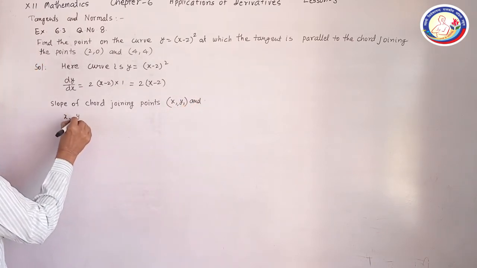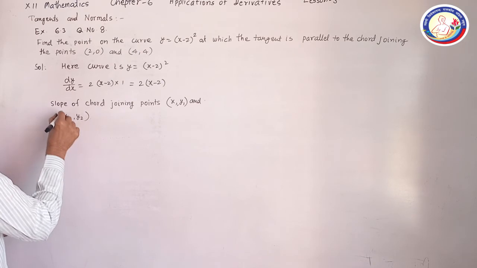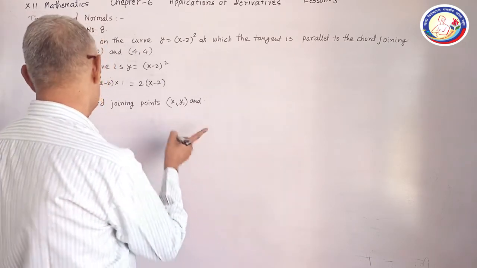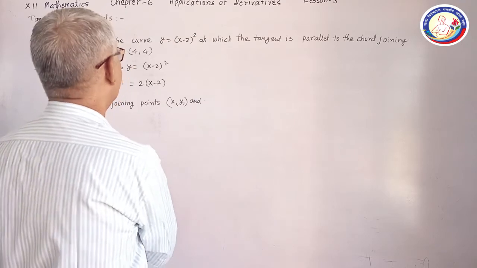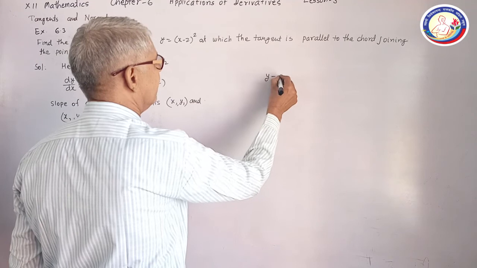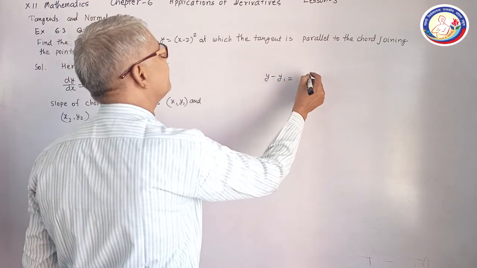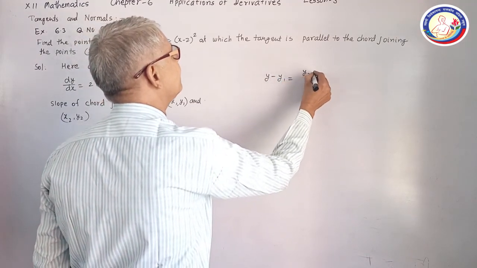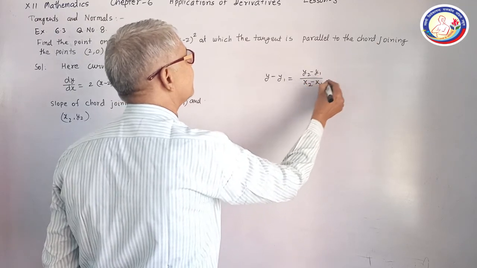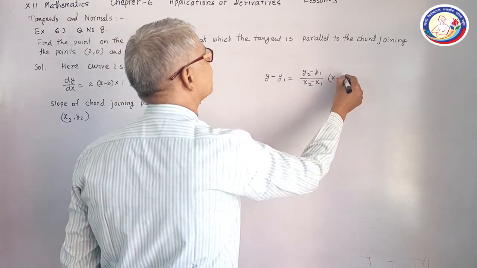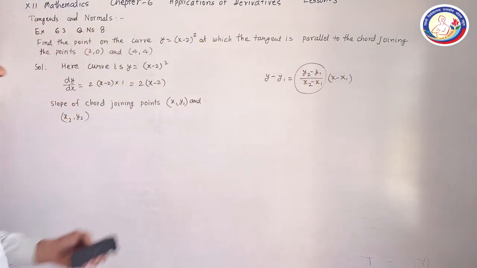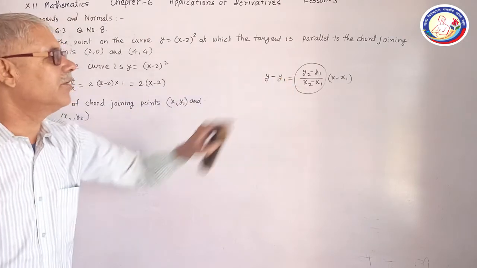If there are 2 points, the equation of the line passing through these given 2 points is y minus y1 equal to y2 minus y1 upon x2 minus x1 into x minus x1. This is the slope. So we can find the slope using this formula.